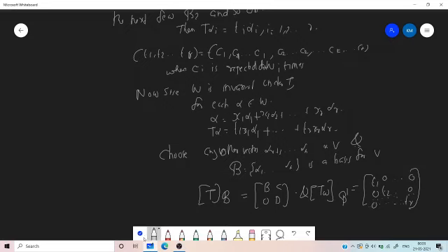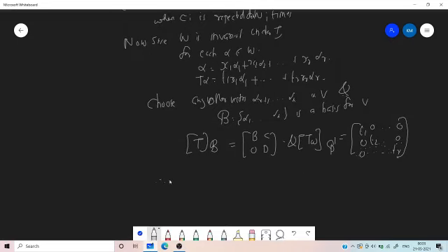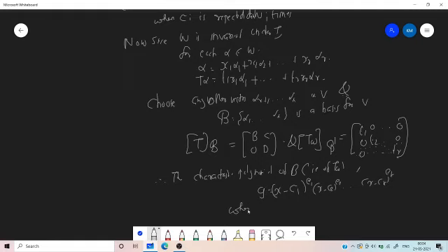Therefore, the characteristic polynomial of B, that is of TW, is g equal to x minus c1 raised to e1 into x minus c2 raised to e2, etc., x minus ck raised to ek, where ei equals dimension of Wi.